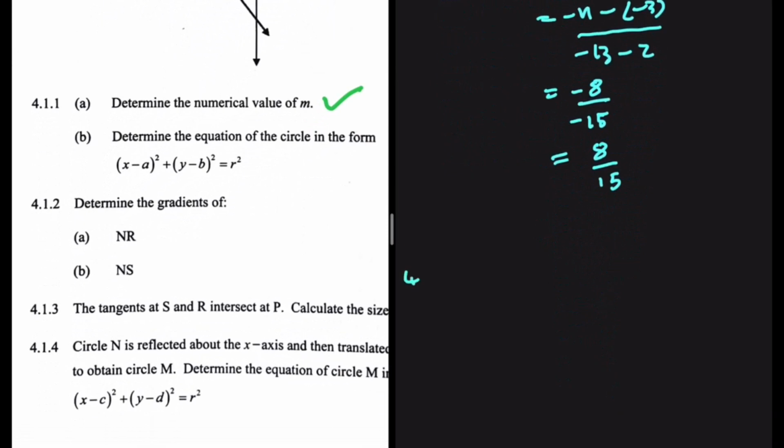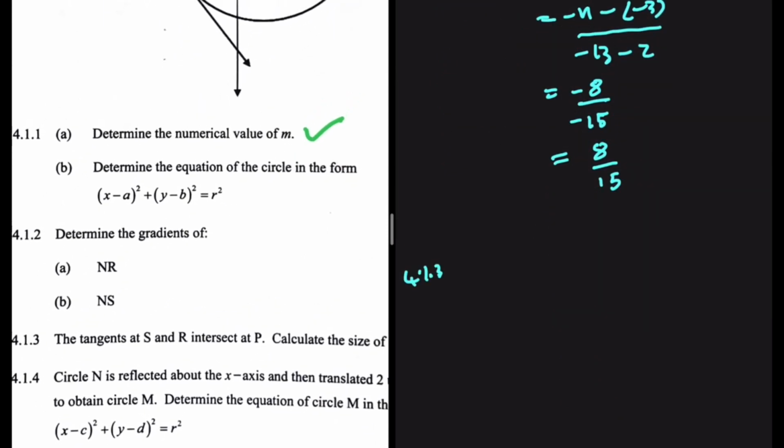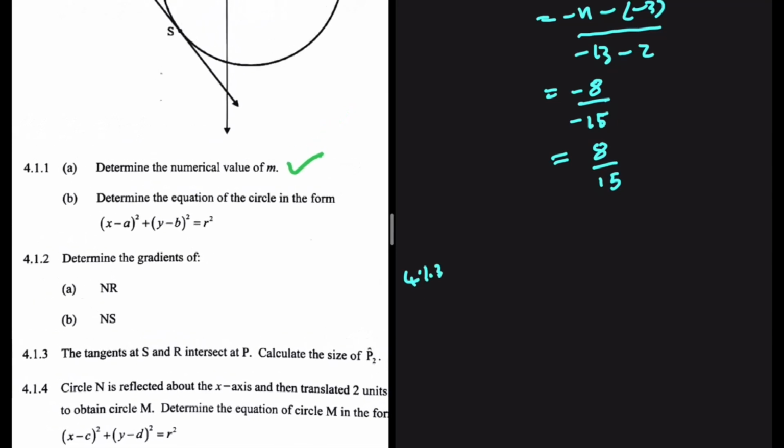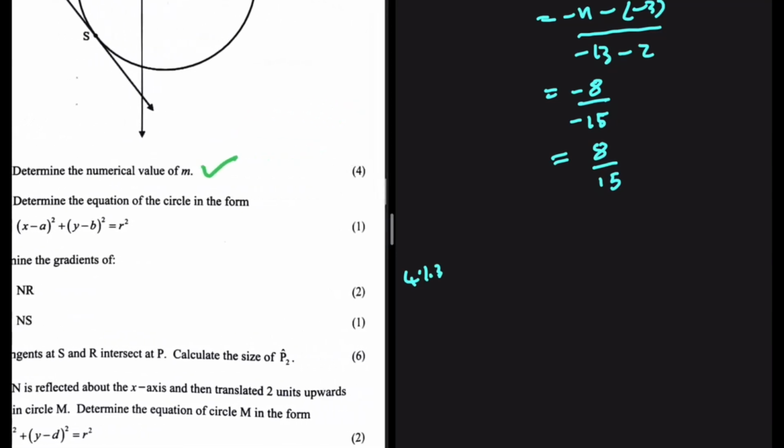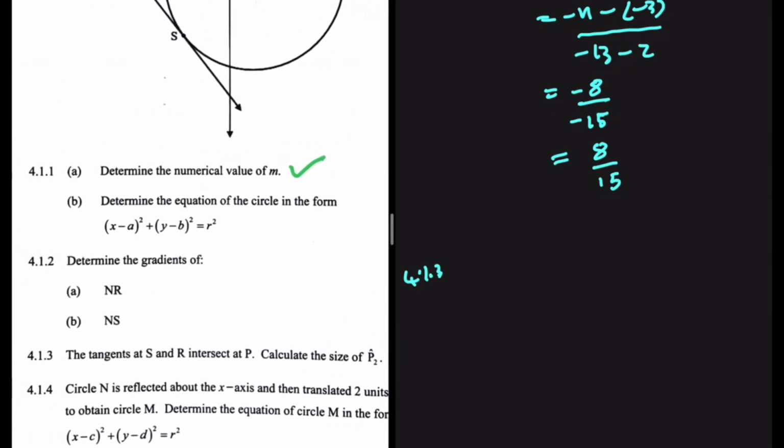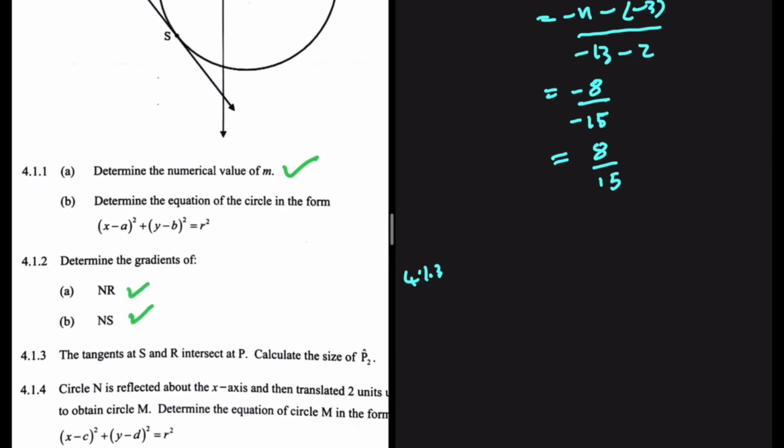The question that follows, 4.1.3. The tangents at S and R intersect at P. Calculate the size of P2. 6 marks. So maybe we're calculating the gradients of NR and NS so that we can answer 4.1.3.